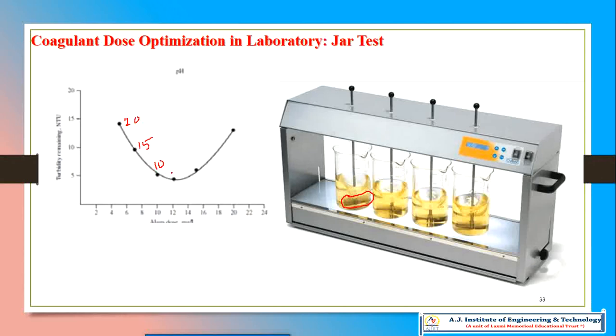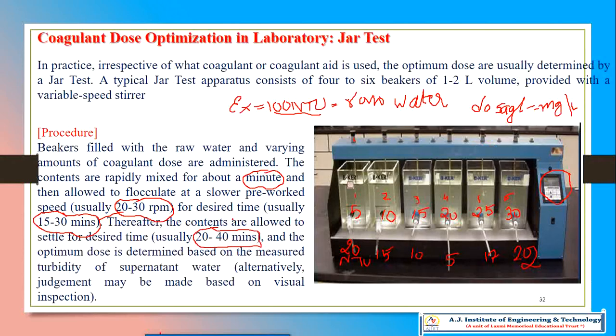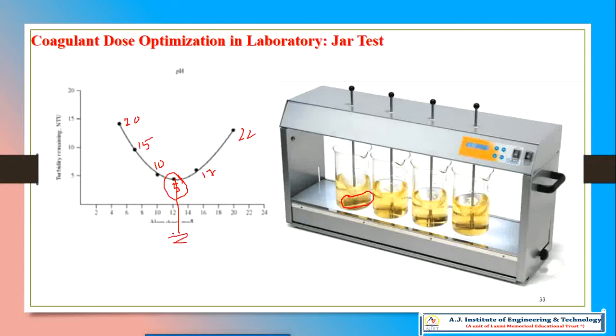Say this is 5, and this is 17, and this is 22, as an example of my result. Just see now, here it is reduced. Maximum removal is 5. For what dosage? In our situation, the dosage is 20 milligram per liter.